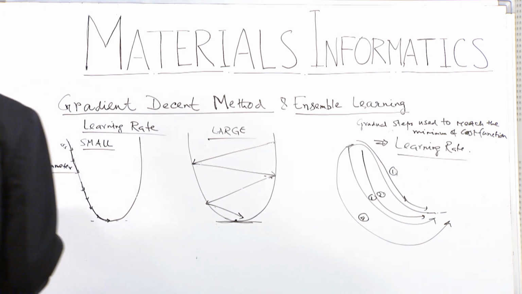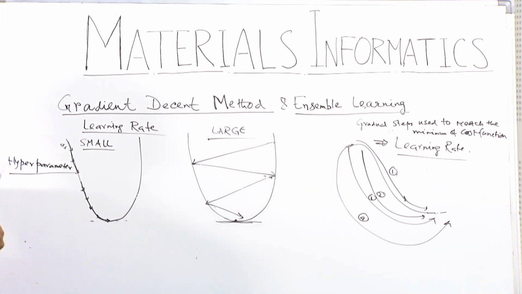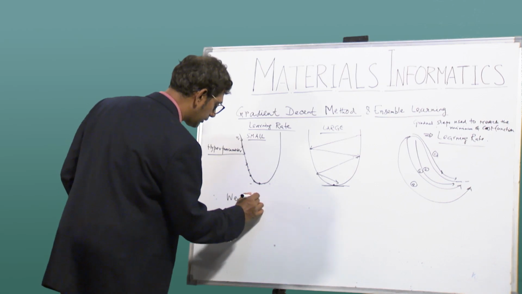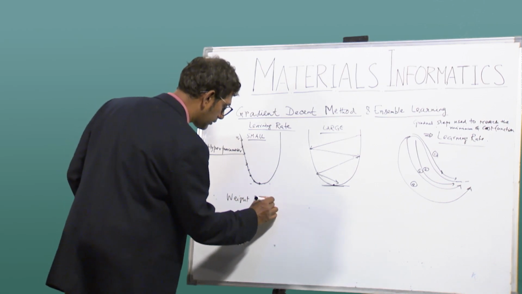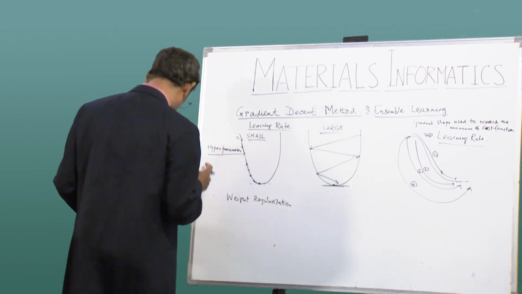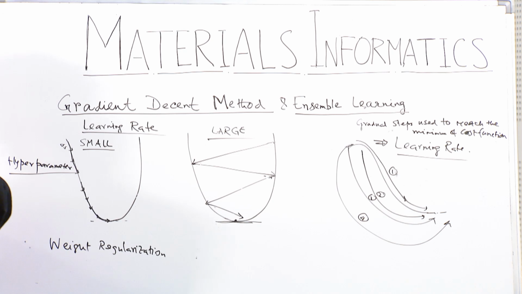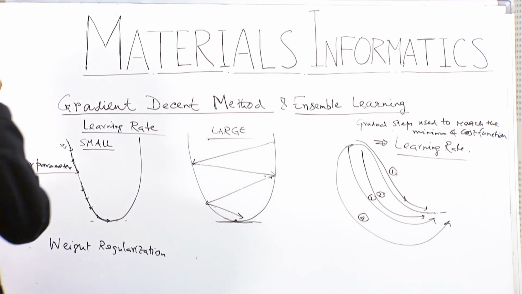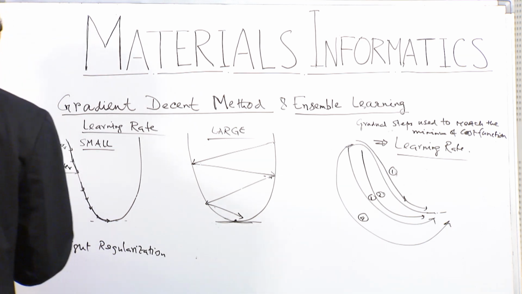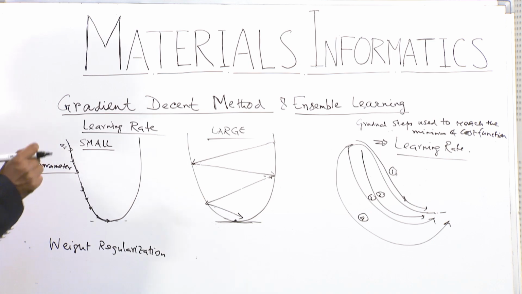So, to address this problem, there are some techniques that can be used. First is obviously weight regularization. Weight regularization is very important to address this large step or small step problem. The initialization of the weights can be adjusted, whatever initial guess you are making, so that they are in the approximate range.